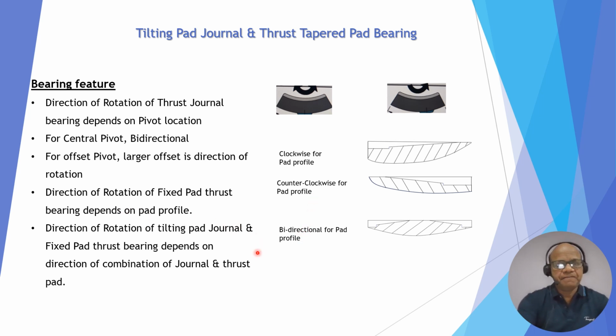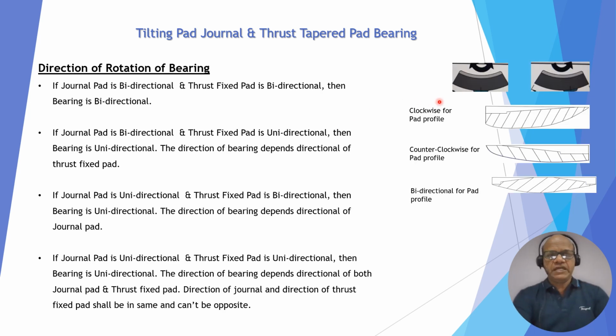So the direction of the bearing, that means the journal bearing and thrust taper bearing, depends on the combination of these two directions. Correct? Okay. So if the journal bearing is bidirectional like this, and the thrust pad bearing is bidirectional like this, then with these two combined, the bearing is bidirectional.